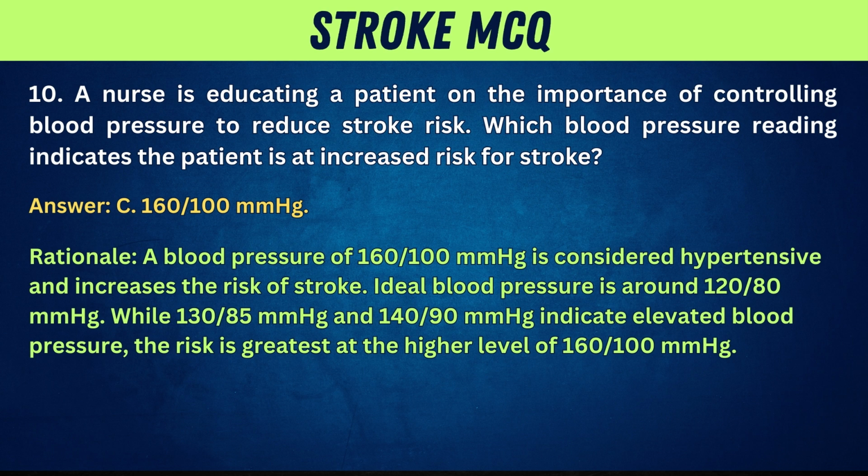Rationale: a blood pressure of 160/100 mmHg is considered hypertensive and increases the risk of stroke. Ideal blood pressure is around 120/80 mmHg, while 130/85 mmHg and 140/90 mmHg indicate elevated blood pressure. The risk is greatest at the higher level of 160/100 mmHg.